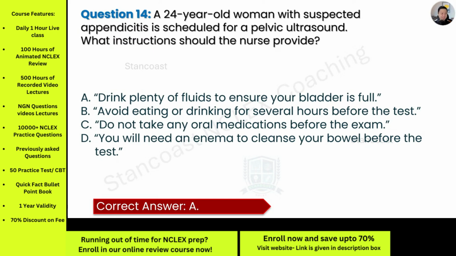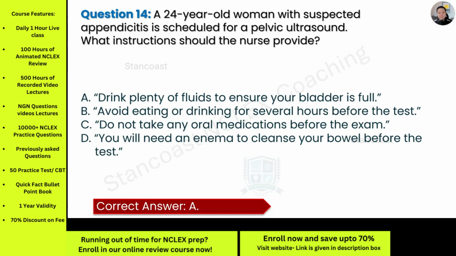Now, letter B, fasting is not necessary for a pelvic ultrasound as the focus is not on the GI tract. Letter C, another incorrect option, withholding oral medications is not typically required for this type of procedure. And letter D, bowel cleansing is also not needed because this is not focused on the colon or the rectum.